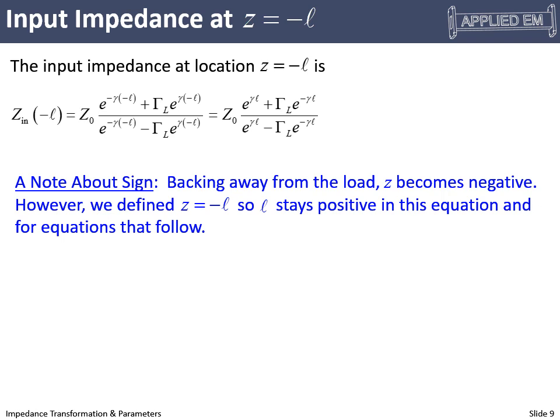And the way we reconcile that is z equals minus L. So our actual physical position z is a negative number, while how far we've backed away from the load stays a positive number. And we're formulating our equation with L in it instead of z. So the number we plug in when we use this equation will be a positive number. Important thing to remember when we get to solving problems.